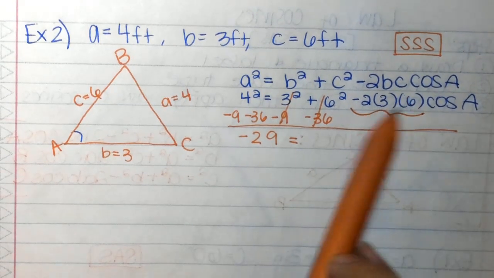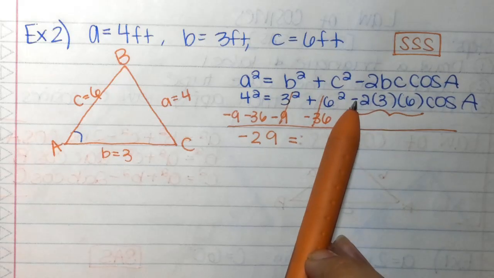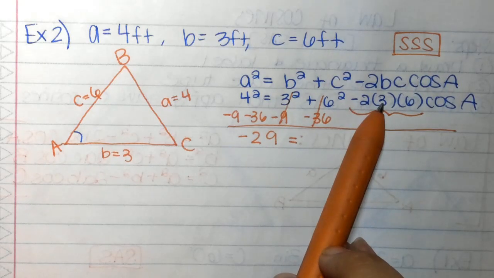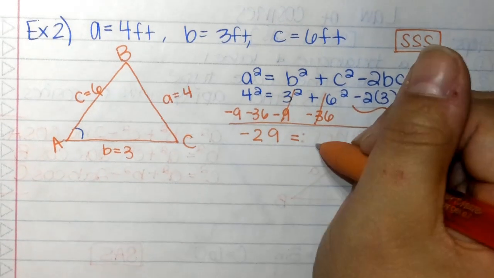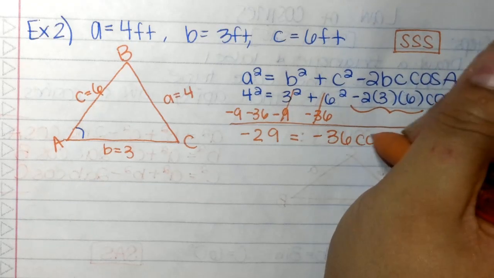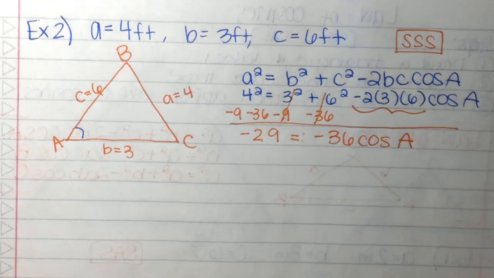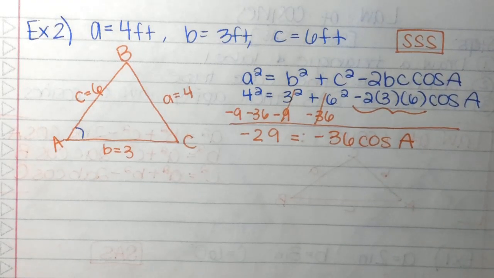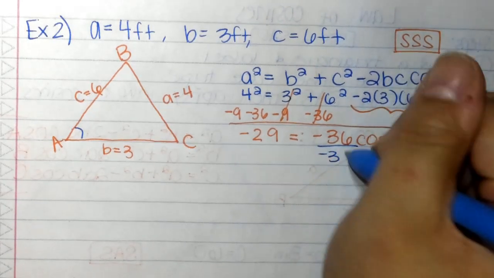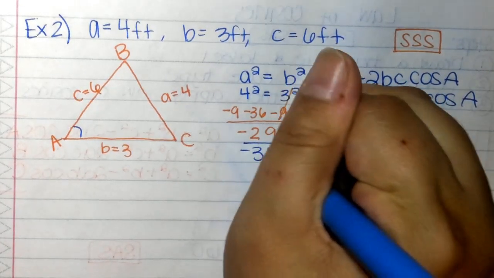And because I don't have a letter here, I'm just going to multiply these. What is negative 2 times 3 times 6? We're doing algebra, y'all. What do I do next to get A by itself? Divide. And what is a negative divided by a negative?